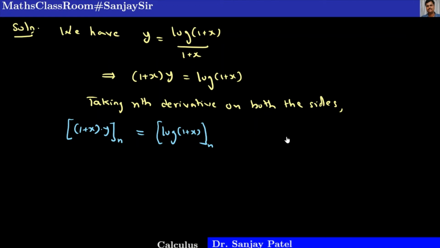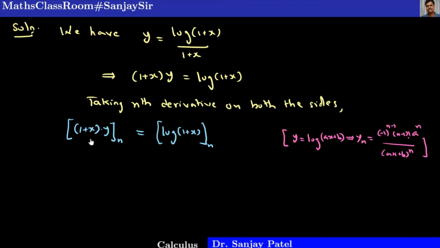We know that if y is equal to log of ax plus b, then its nth derivative yn is given by minus 1 raised to n minus 1 into n minus 1 factorial into a raised to n upon ax plus b raised to n. So this is the formula for finding nth derivative of log of ax plus b. Here a is equal to 1 and b is equal to 1.